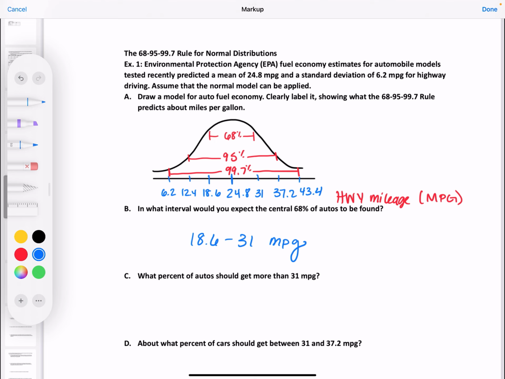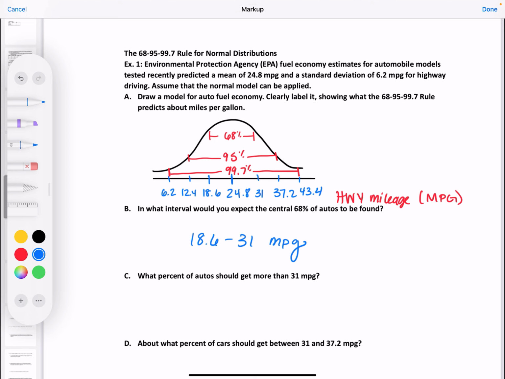So, 31 miles per gallon is 1 standard deviation away, right? So it's 68% within 1 standard deviation. So we need to do 100 minus 68 to see what we want, more than 31 miles per gallon.